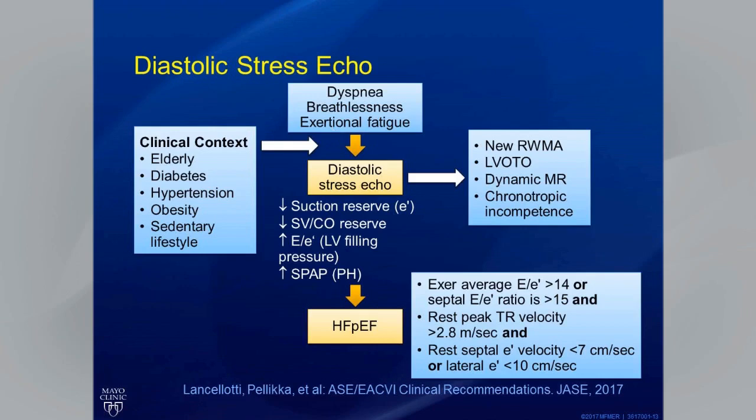With our diastolic stress echo, we will be evaluating changes in the E' velocity with stress, the stroke volume and cardiac output reserve. We'll be looking at the E to E' ratio and the systolic pulmonary artery pressure. We will be able to detect heart failure with preserved ejection fraction in some patients.